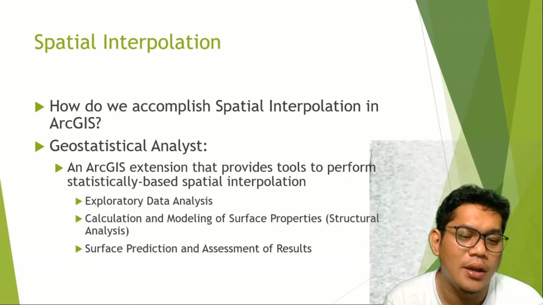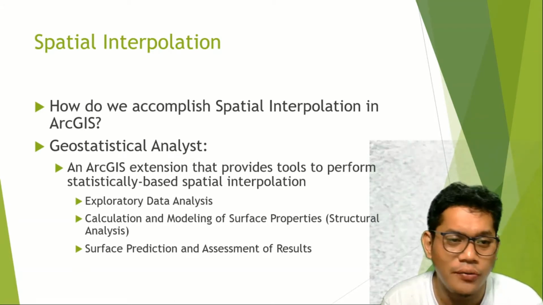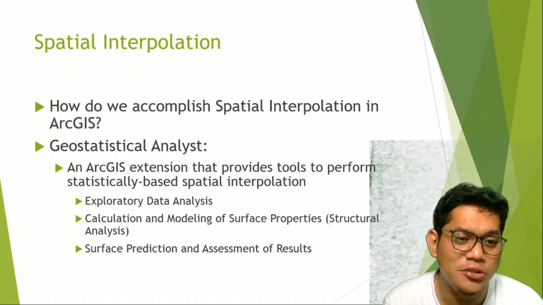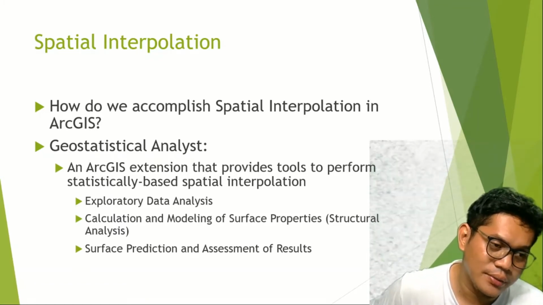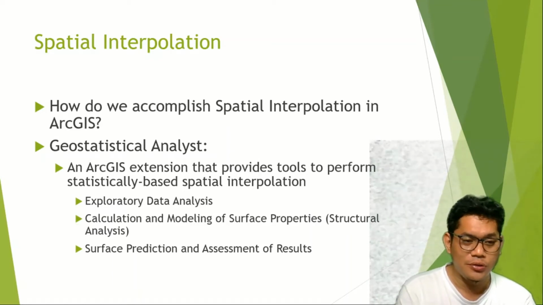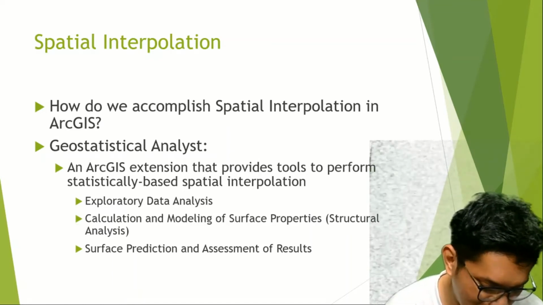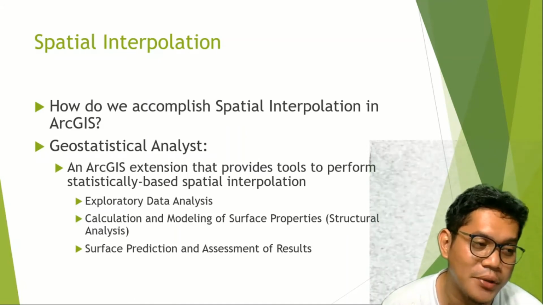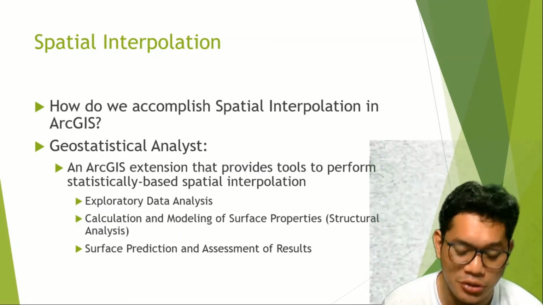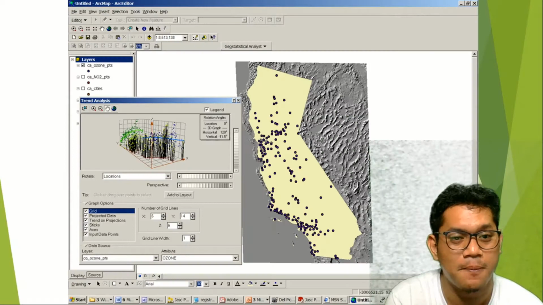Okay, and of course, how do we do all of this in ArcGIS? We can use the statistical analysis, where in our lab we will do some of it, where you can test based on the data that we have, and you can try this Kriging, IDW, trying to represent the real world phenomena, okay.